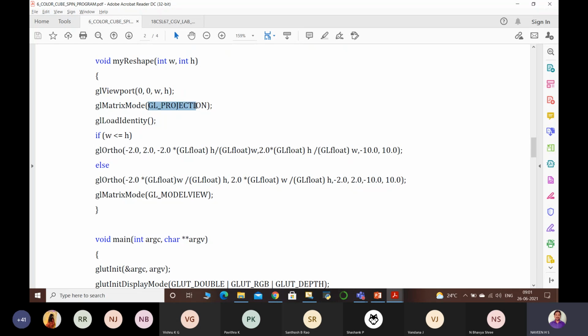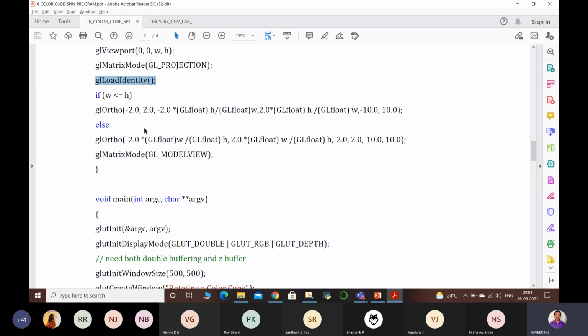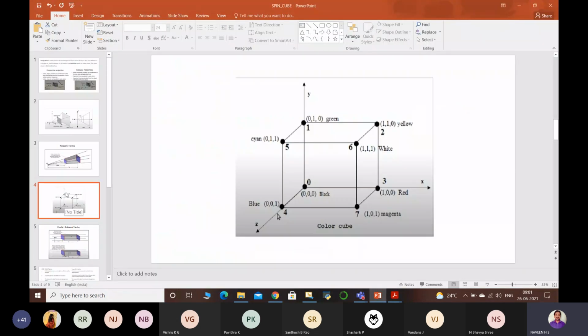Then GL_PROJECTION, that is the current matrix, the matrix of the object we're going to visualize over the screen. After that glLoadIdentity erases the current matrix information, meaning it resets it. And if the W value is less than or equal to H, we are going to use glOrtho for the three-dimensional space. I will show the glOrtho function here.